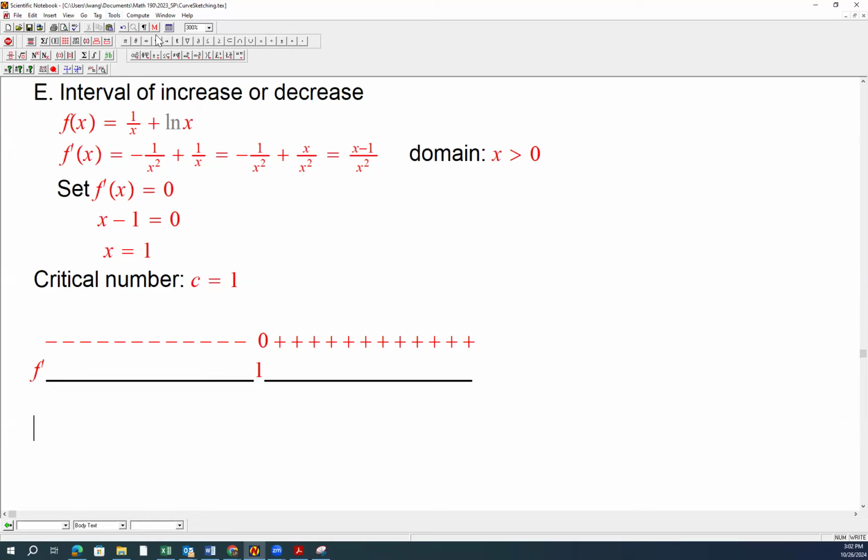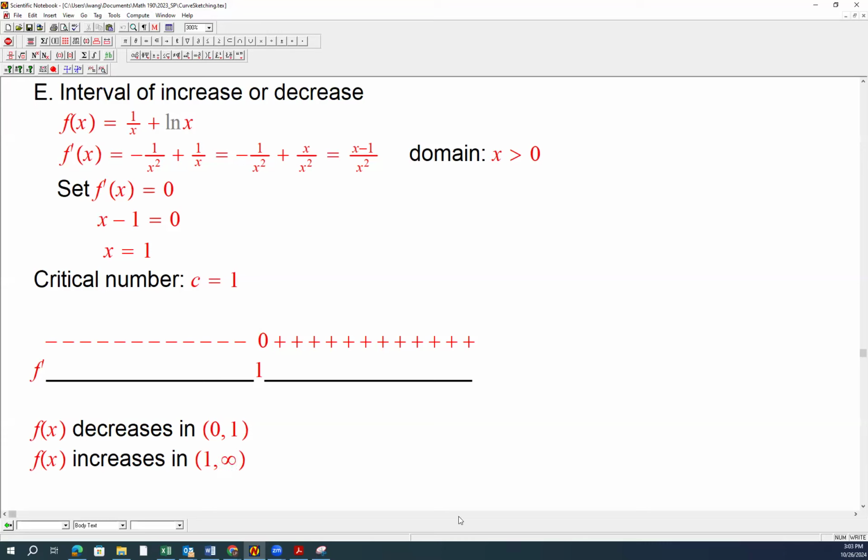So you can say f of x decreases in the interval, not from negative infinity, but from 0 to 1. f of x increases, be aware of the domain of the function, in the interval of 1 to positive infinity.